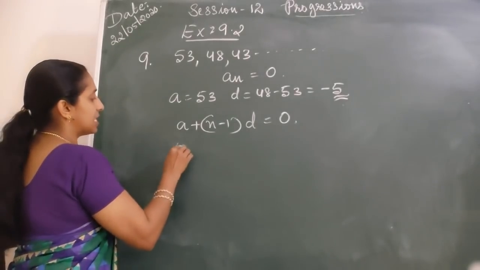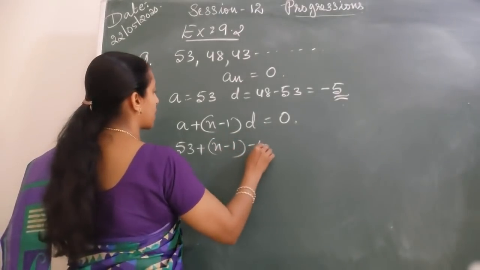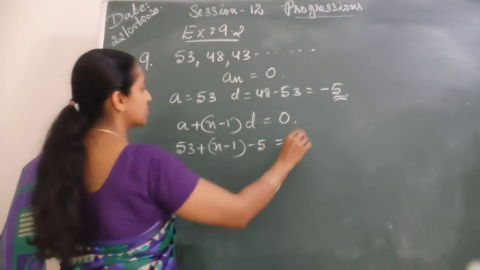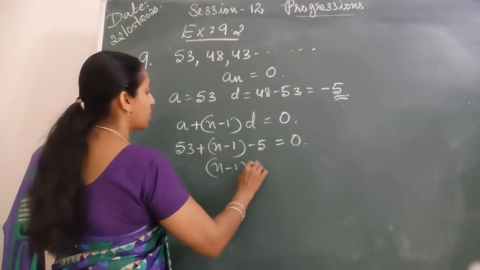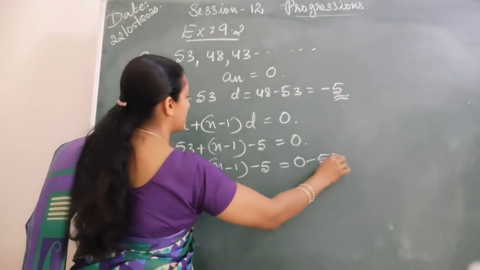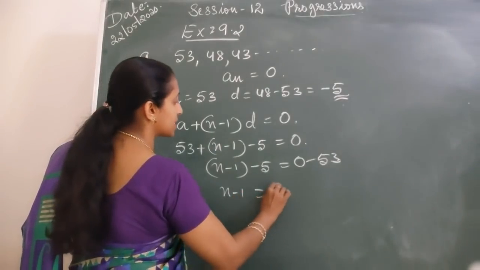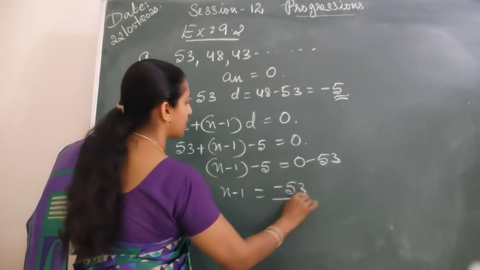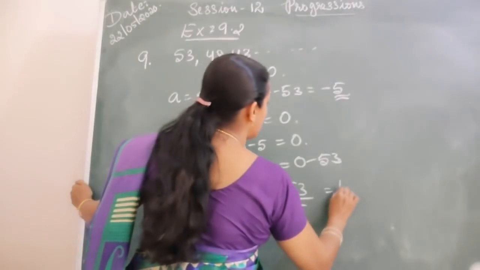So 53 plus n minus 1 into minus 5 is equal to 0. So n minus 1 into minus 5 is equal to 0 minus 53. N minus 1 is minus 53 upon minus 5. Minus minus will cancel. You will get 10.6.